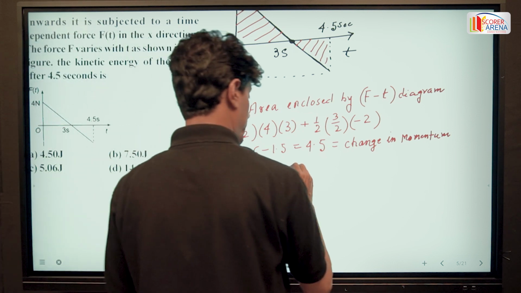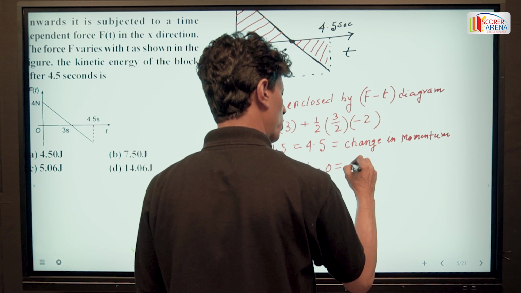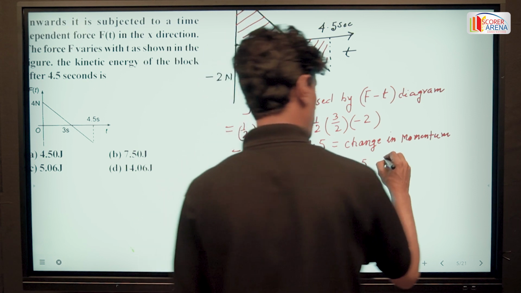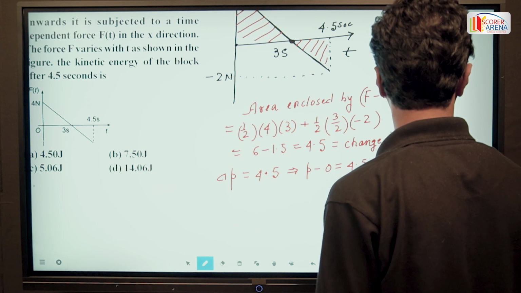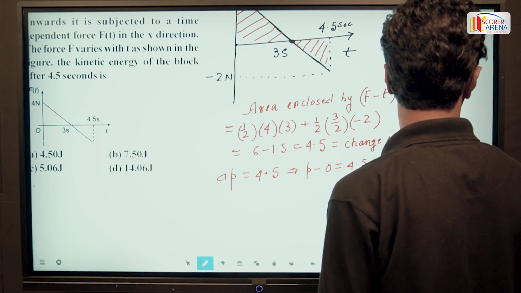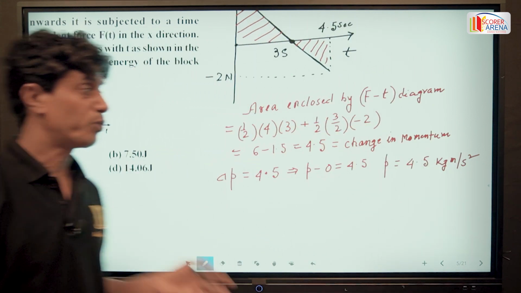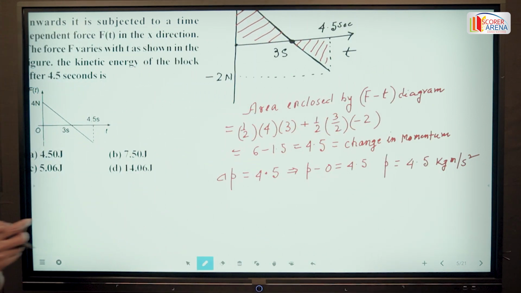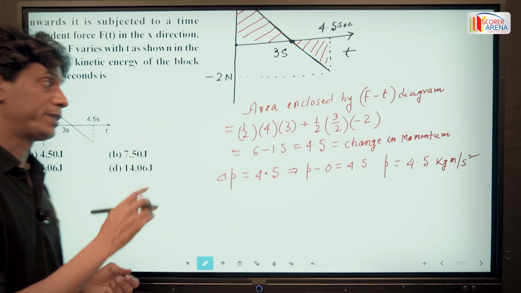Since the particle starts from rest, this is P minus 0 equal to 4.5. So the final momentum of the particle under this variable force is 4.5 kg meter per second. So this is the momentum of the particle under this variable force, graphically represented here.